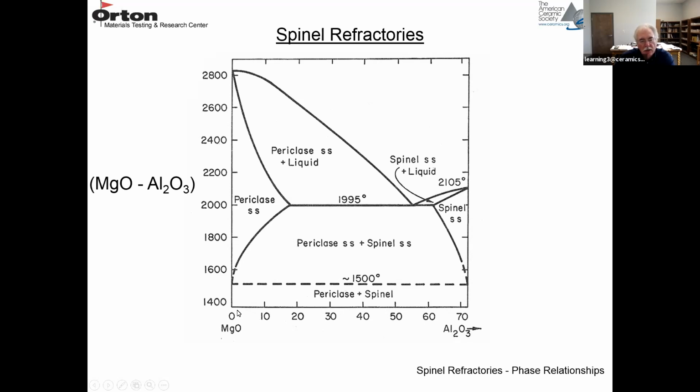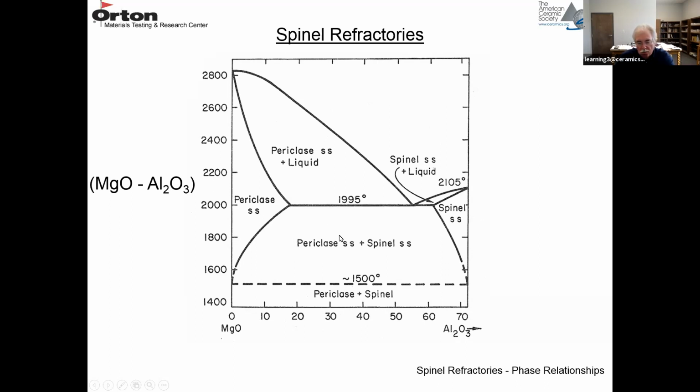So 100% MgO, 70% Al2O3, or actually a little more than 70% for spinel, and then temperature. So the lowest liquid forms at 1995 degrees C. So it's a high temperature material. 2105 is the melting point for spinel, over 2800 for periclase or MgO.